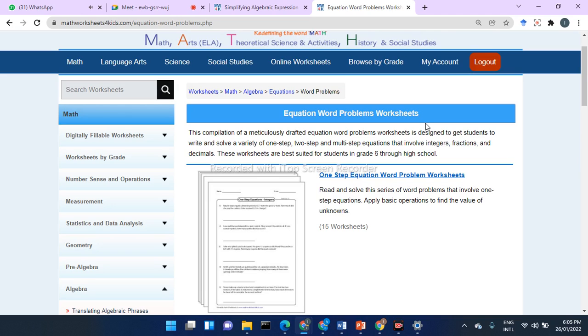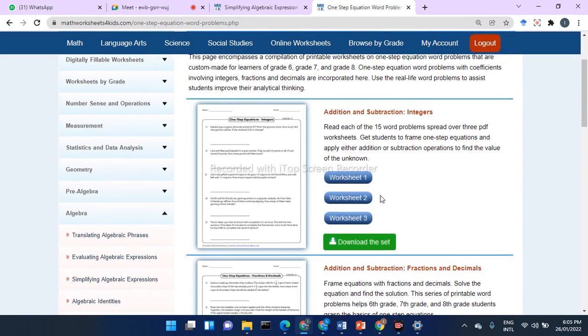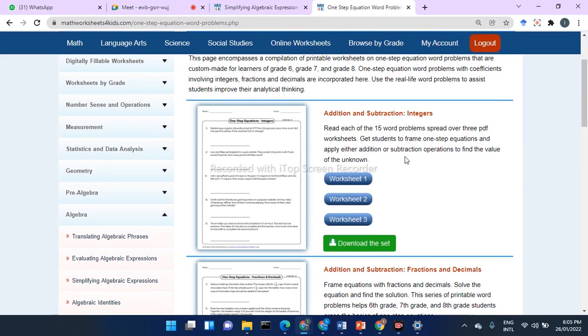Alright, so that's gonna be the basic general format. Okay, so let's begin. We're gonna look at how to translate a word problem into an equation. That's basically what's gonna happen.